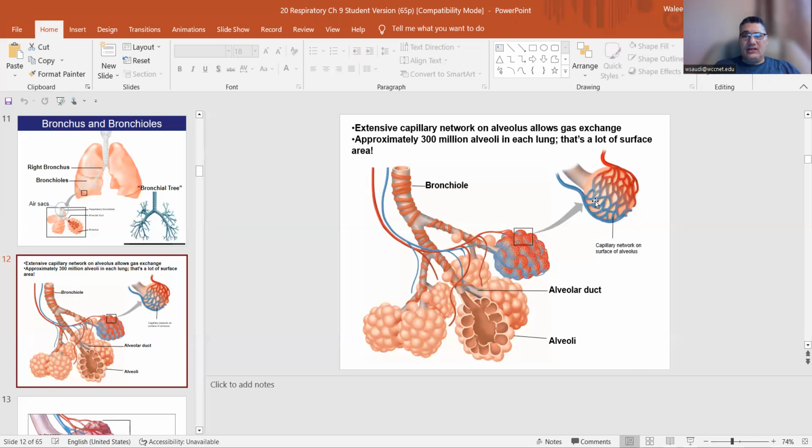So here it is. Look at this blue. This is coming from the pulmonary artery, arteriole, and these capillaries. And these capillaries surround the alveolus from the other side as well. So as it is moving like this, carbon dioxide leaves and goes to the alveolar cavity, and oxygen moves to the capillaries.